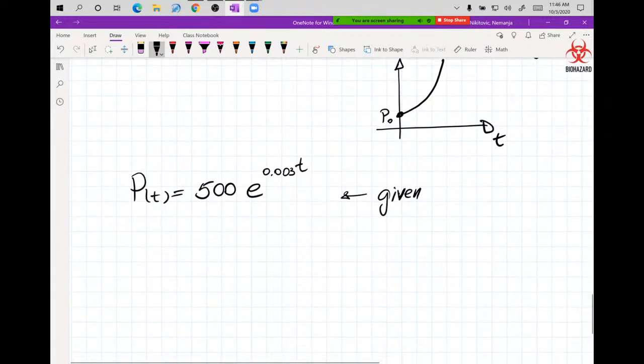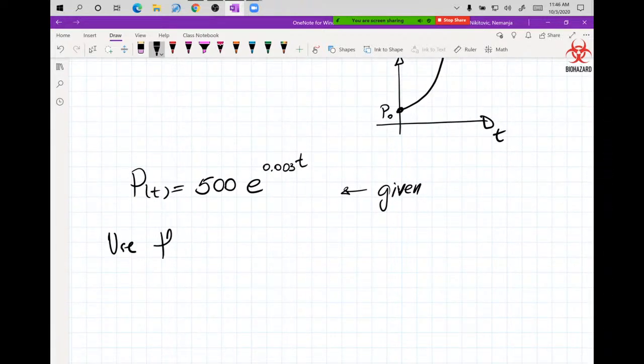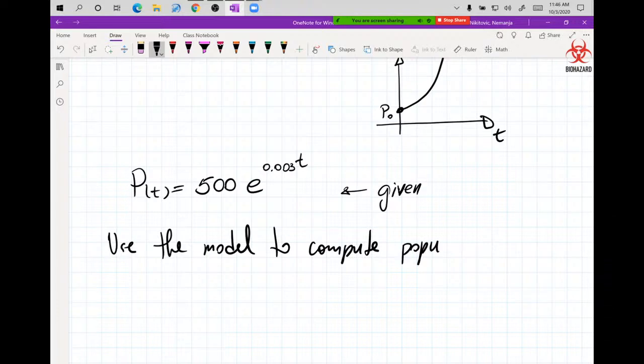You can use the model to compute population at time t. So, how many rabbits do we have 3 years later? You stick in 3. How many do we have in 10 years?